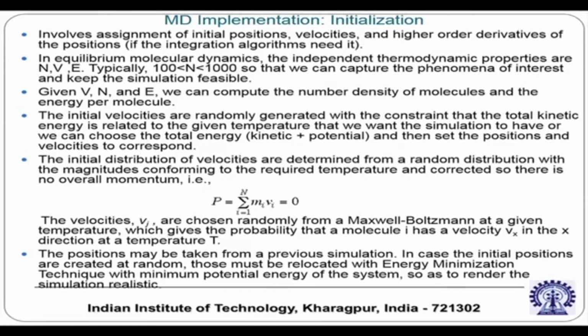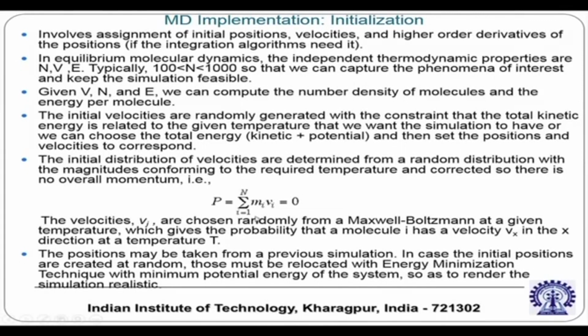The initial velocities are randomly generated with the constraint that the total kinetic energy is related to the given temperature, or we can choose the total energy and set the positions and velocities to correspond. The initial distribution of velocities is determined from a random distribution with the magnitudes conforming to the required temperature and corrected so that there is no overall momentum.